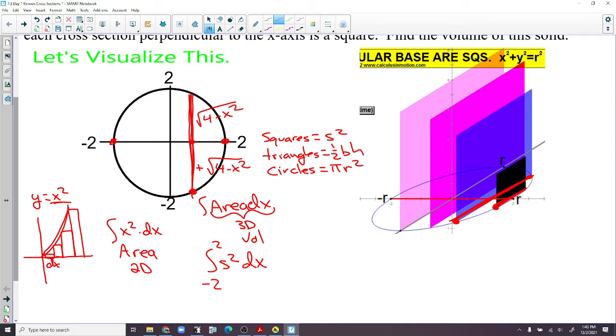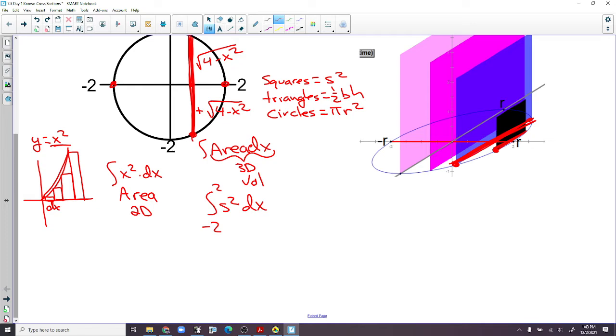So the length of this right here is 2 times that. So the side is 2 times the square root of 4 minus x squared. There we go. Now we got it in x. That's what we need to integrate to find the volume of the shape.